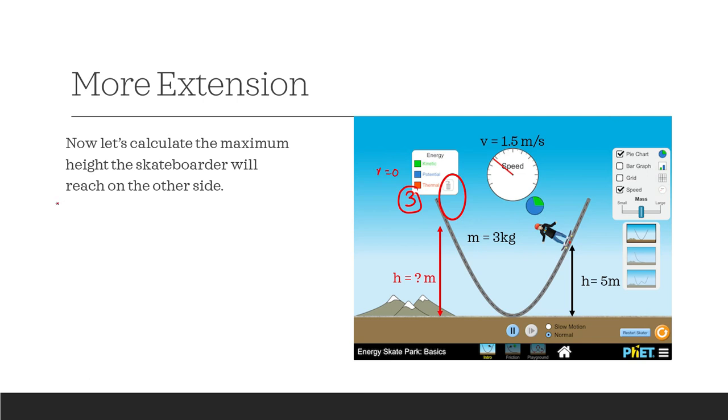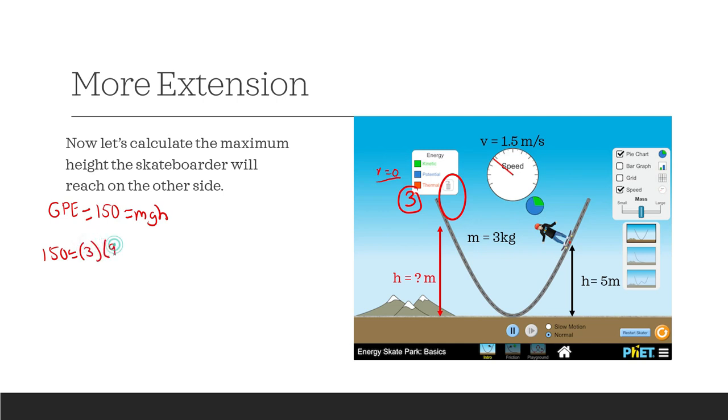So to work this problem, we know we're going to have gravitational potential energy as the only form of energy that we have, since we have this v of 0 and we have no spring. So GPE equals 150. We know that that's the same as before. And in this case, that means that 150 equals m times g times h. Now, we have a mass of 3.